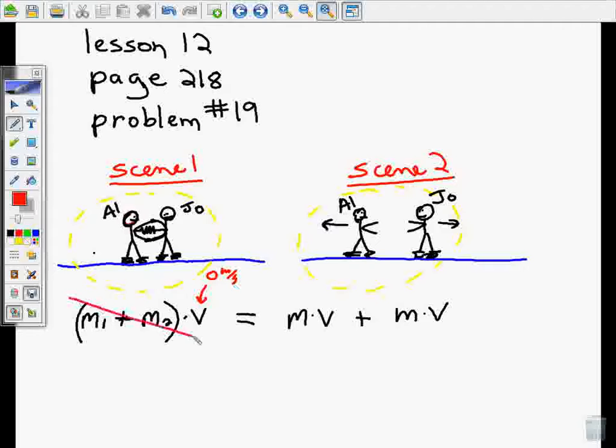So this whole term goes, so we have 0 equals, and then we don't know the mass of Al, do we? I think that's what they're asking for, correct? The mass of Al? But we do know that Al goes back 0.90 meters per second. But since she's going to the left, I have to make that negative. So it's going to be negative.